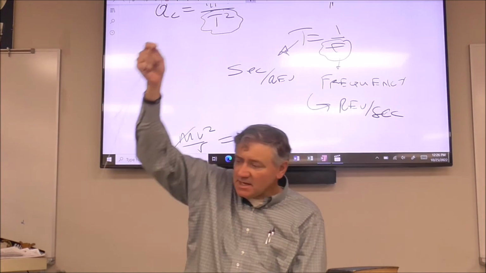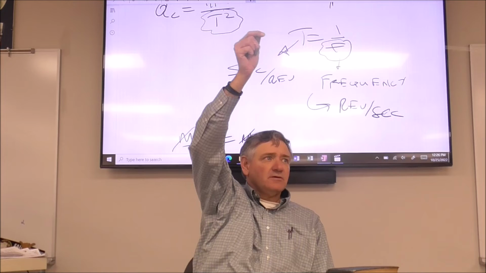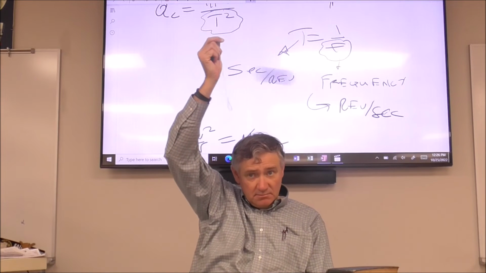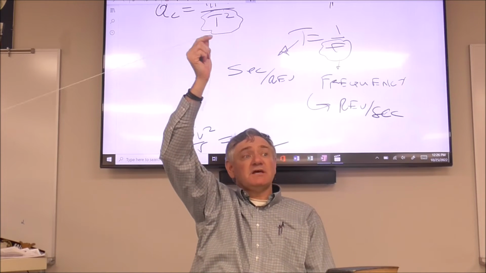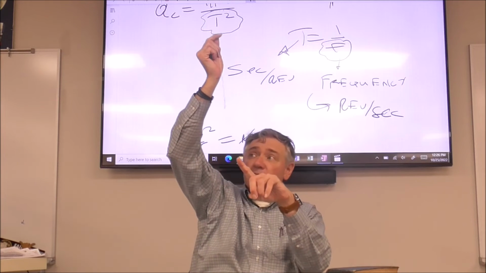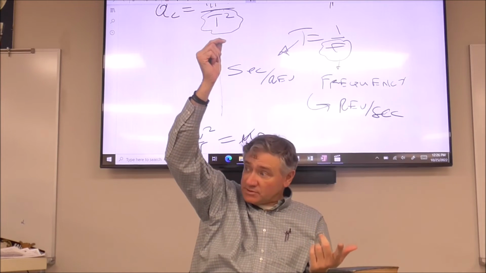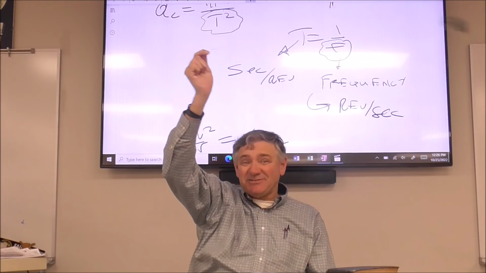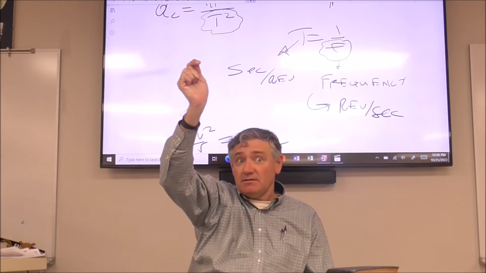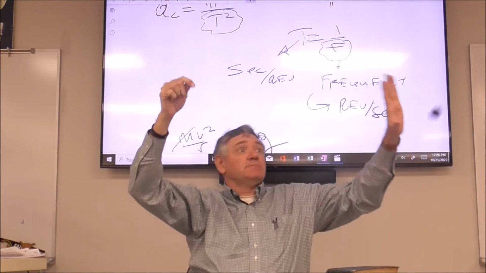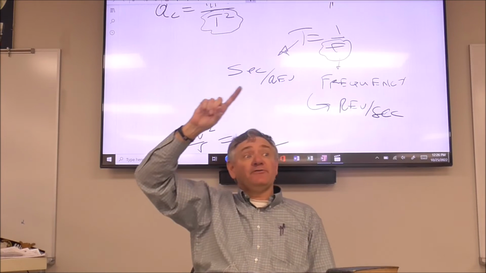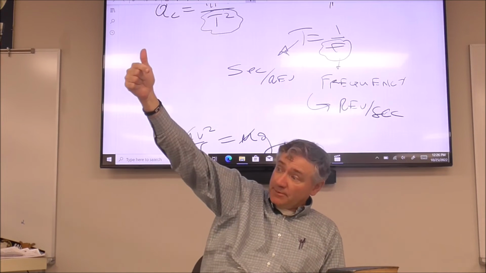So what that means is if something has a long value for t, so if you have a big period, that means it's not going to make very many revolutions. But if you make it spin faster, like this, okay, then the value for t becomes small, but the value of frequency goes up, okay?